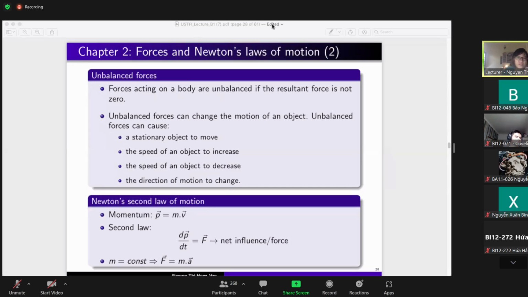So balanced force, then V is constant, no change in the velocity, which means you don't have acceleration. So the other case is unbalanced.